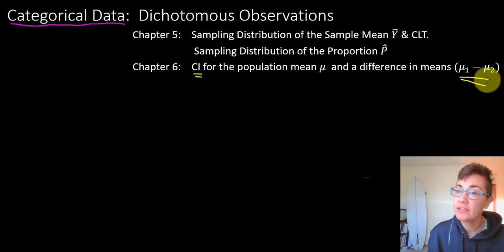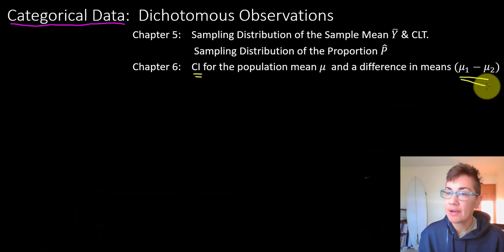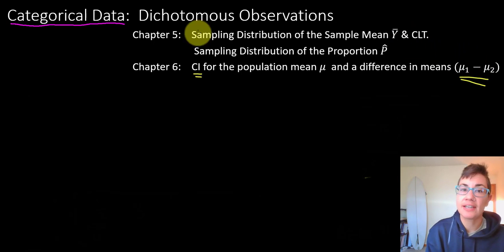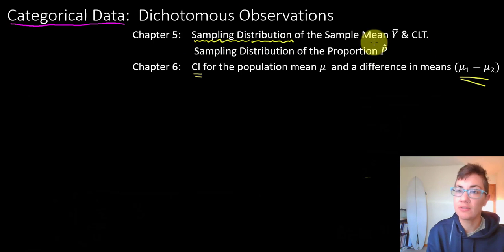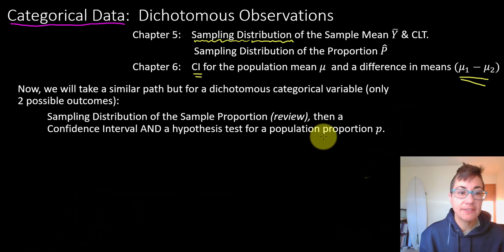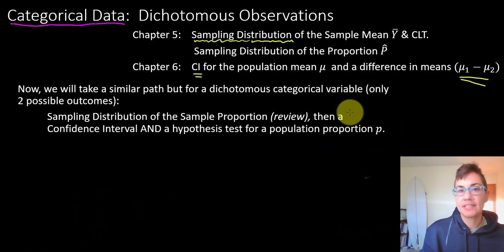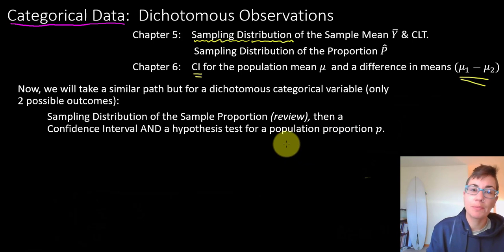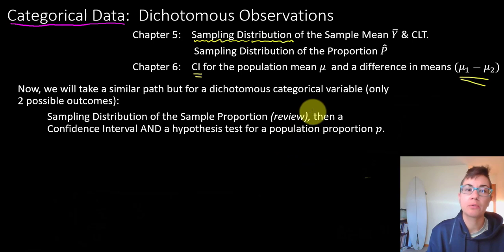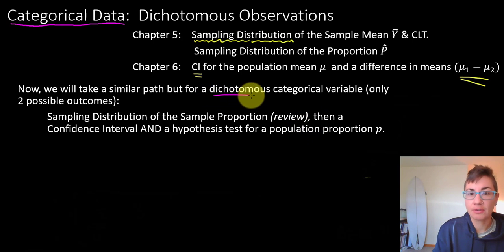In order for us to have reached the hypothesis testing stage, we first discussed the corresponding sampling distributions. Remember that? And so what we're going to do today in this video is take a very similar path, but we'll be able to condense it in just one video, where we're going to consider a dichotomous categorical variable.